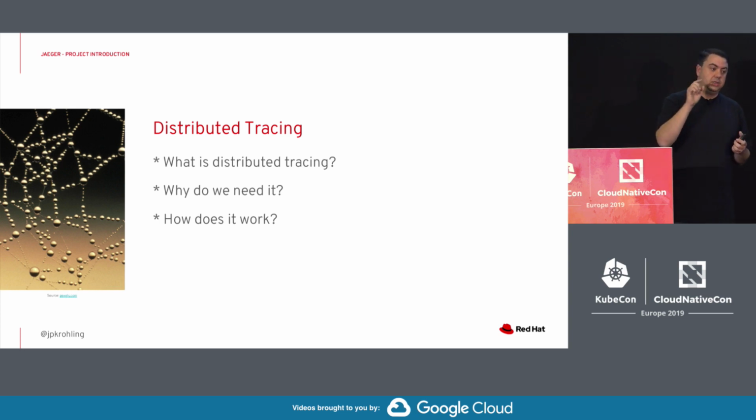Then we can dig into each one of those traces and understand what happened there. As you can imagine, this is very useful for network latency, or to visualize if we have unnecessary calls and things like that. And the way it works is actually quite simple.